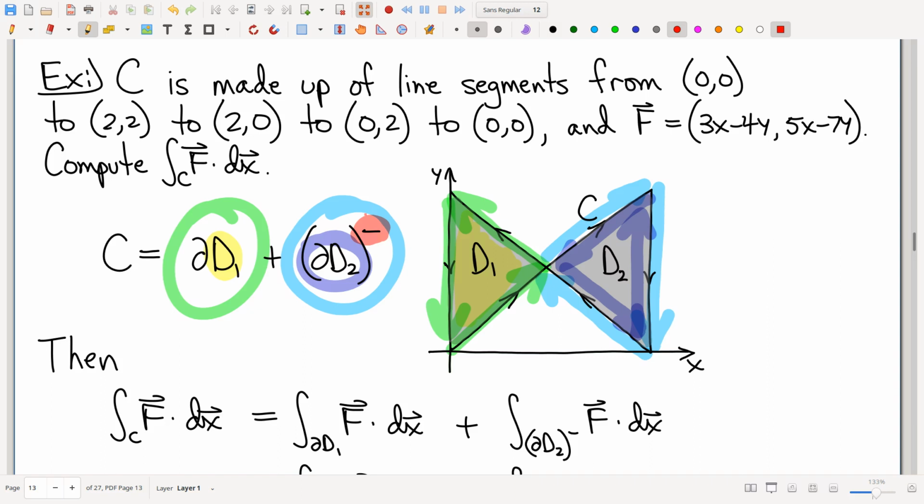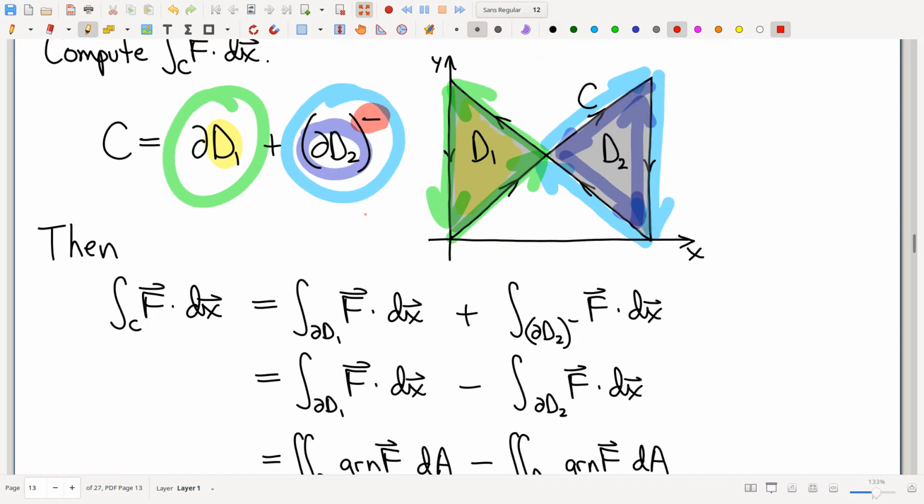But the light blue is not a boundary. It's going the wrong way for you to use the word boundary. Okay, so cool. Our curve is green plus light blue.